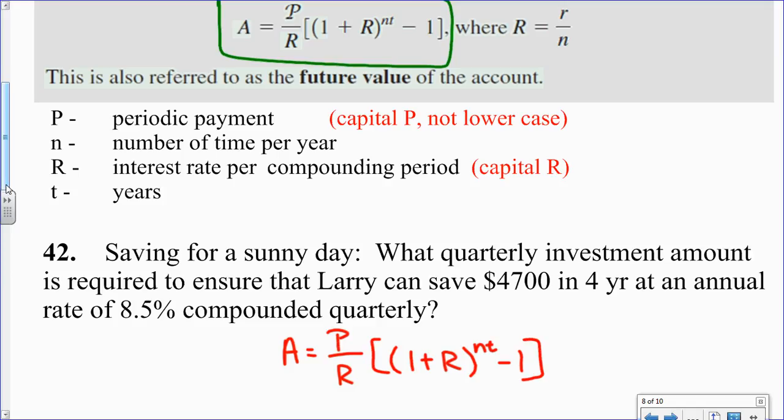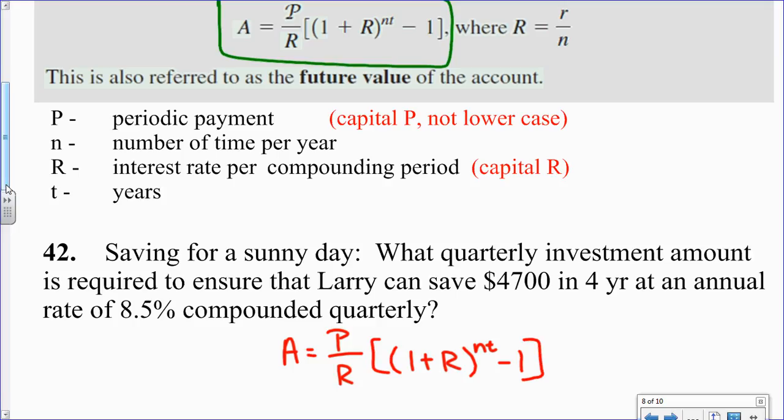So if I read through this problem, the question says, what quarterly investment amount? So what variable am I looking for? Yes.